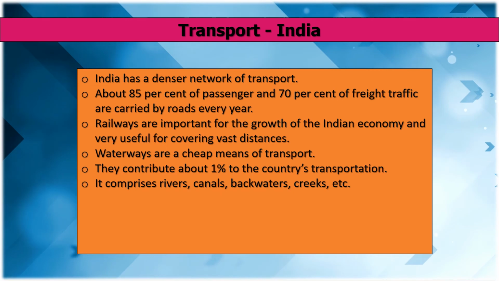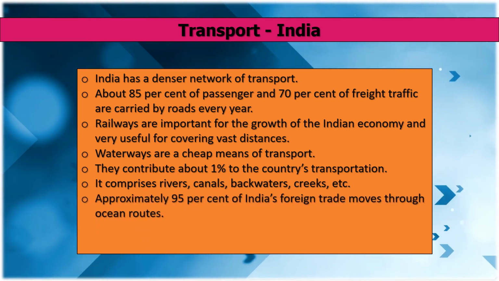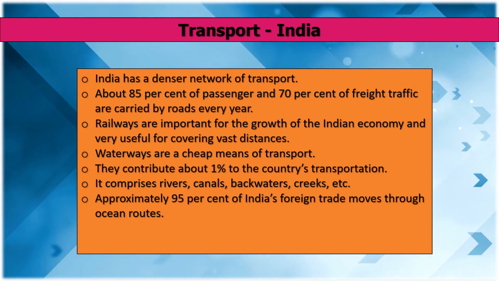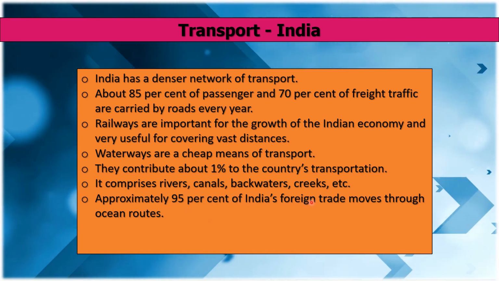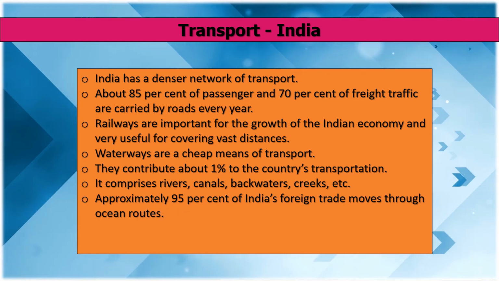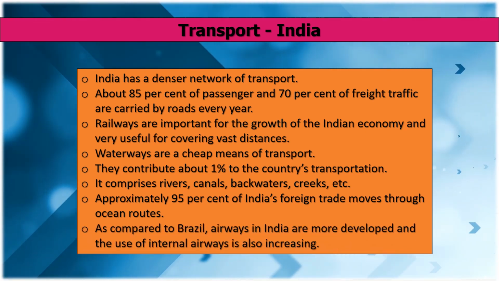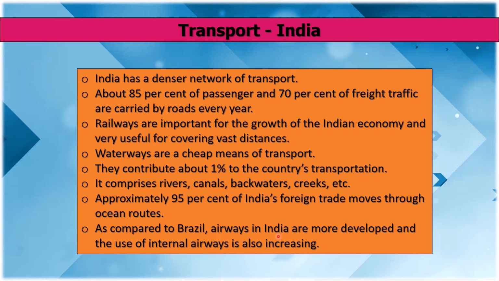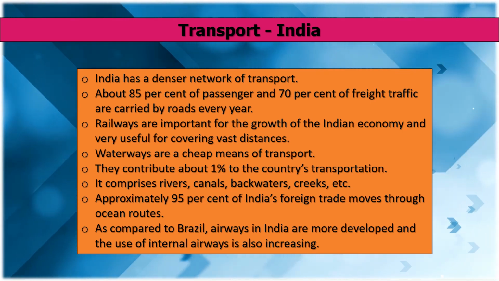It comprises rivers, canals, backwaters, creeks, etc. Approximately 95% of India's foreign trade moves through the ocean routes because it is very cheap. As compared to Brazil, airways in India are more developed and the use of internal airways is also increasing.